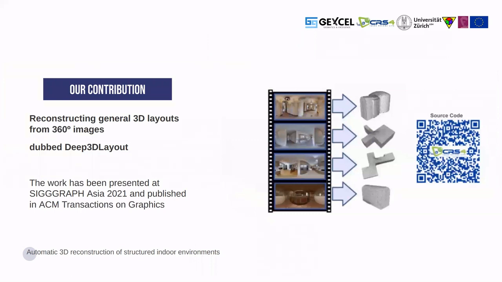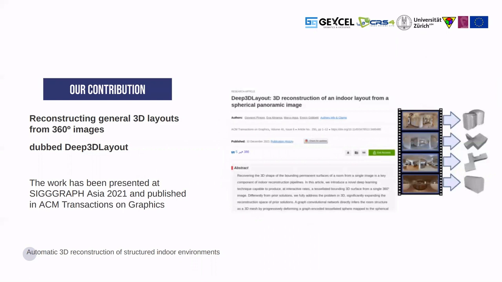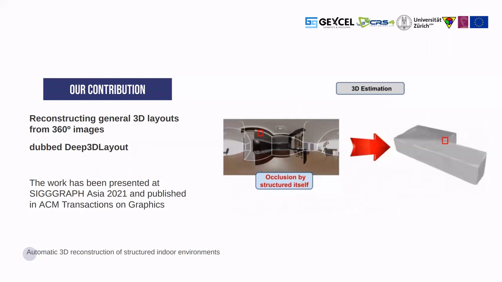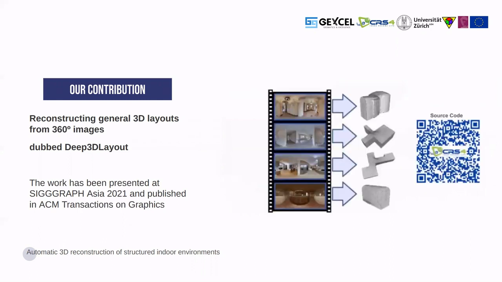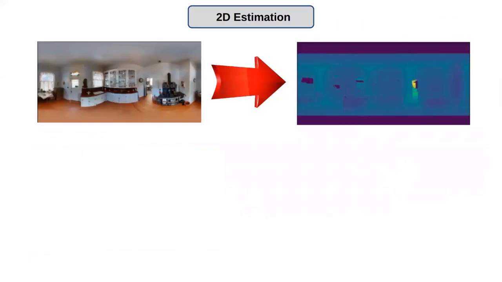In our second contribution demonstrated here, we introduce another technique dubbed Deep 3D Layout that exploits a graph convolution network to directly infer a watertight 3D mesh representation of the room shape from a gravity-aligned panoramic image. The work has been presented at SIGGRAPH Asia 2021 and published in ACM Transactions on Graphics.